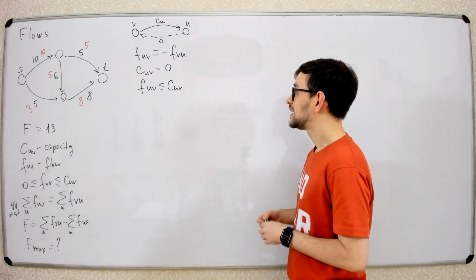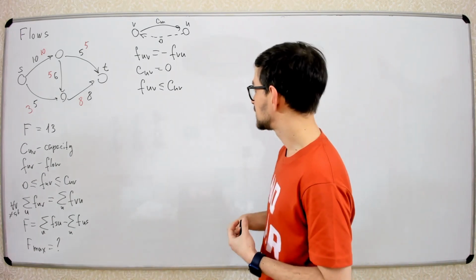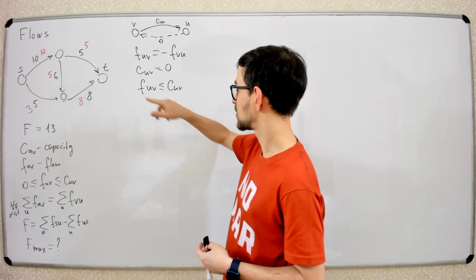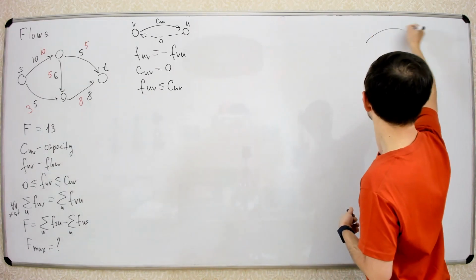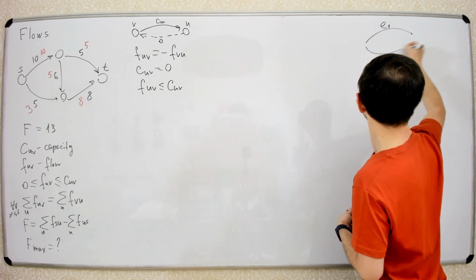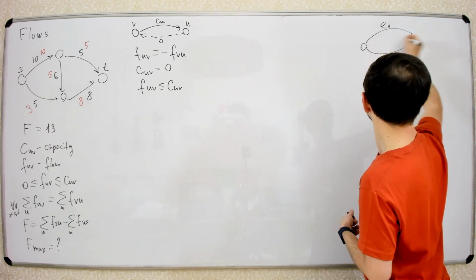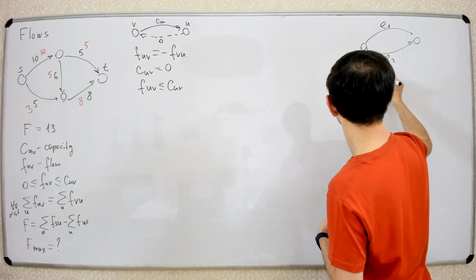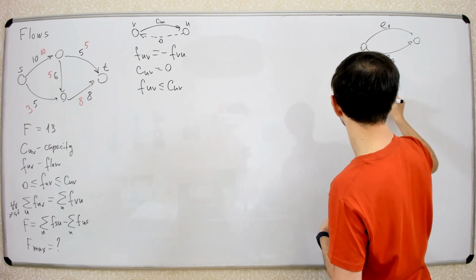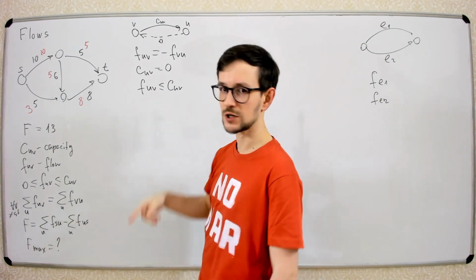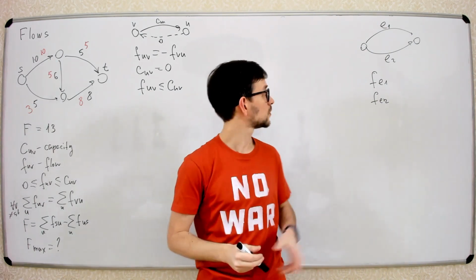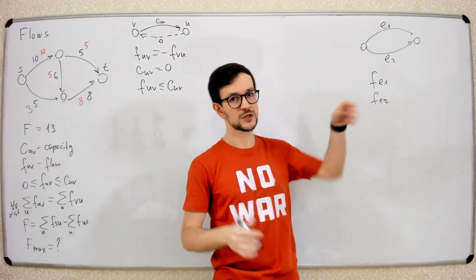It will be slightly difficult to express it like this. So you do it like this. You have multiple edges, E1 and E2, and you have different flows: the flow over edge E1 and the flow over edge E2. So instead of these indices, you need to attach this flow to the edge.